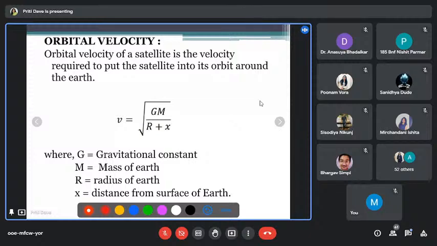And once you send a satellite in space, you have to make sure that the satellite revolves around Earth's orbit, right?